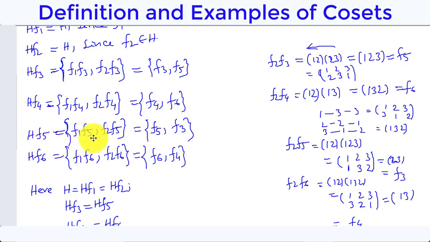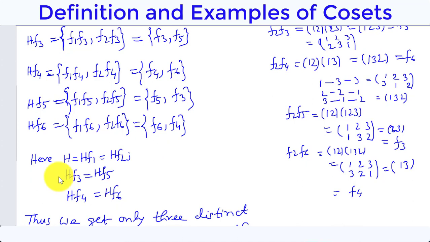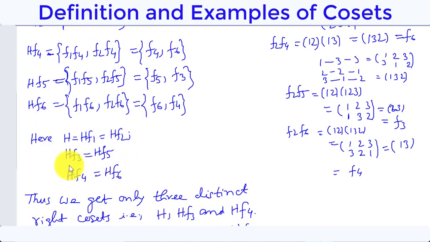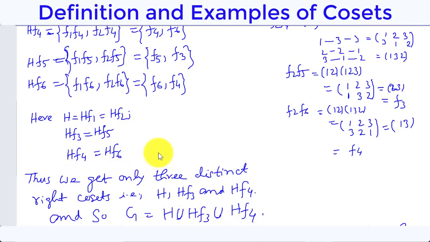Hf5 is equal to {f1f5, f2f5} is equal to {f5, f3} and Hf6 is equal to {f1f6, f2f6} is equal to {f6, f4}. Here H is equal to Hf1 is equal to Hf2, since f1 and f2 are elements of H. Hf3 is equal to Hf5 and Hf4 is equal to Hf6.